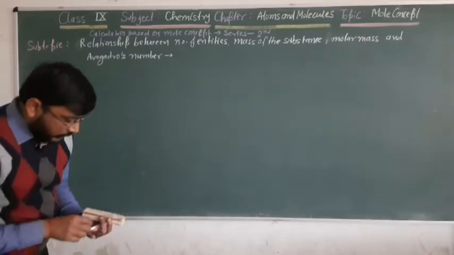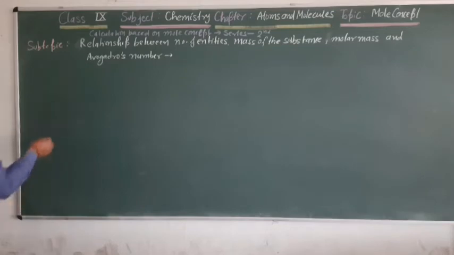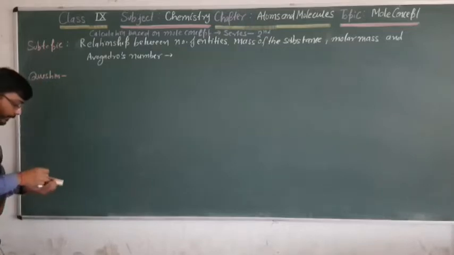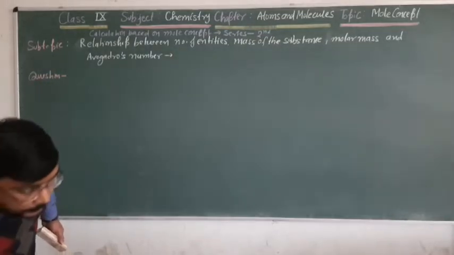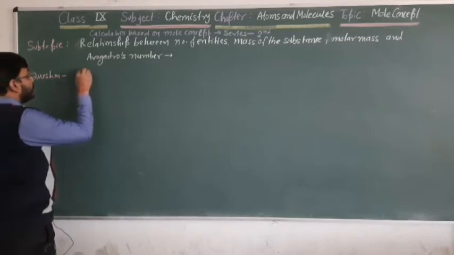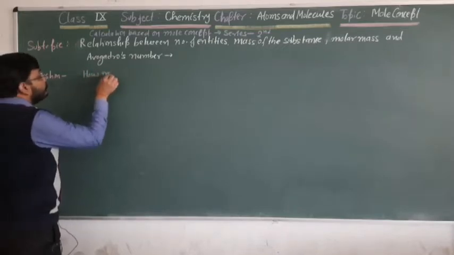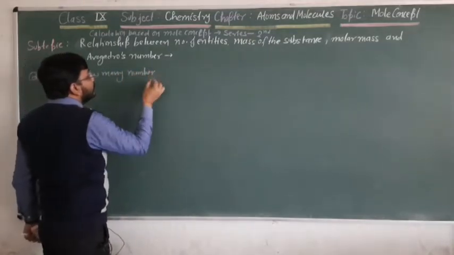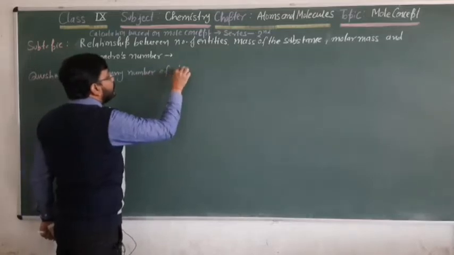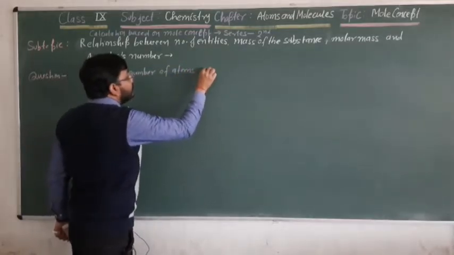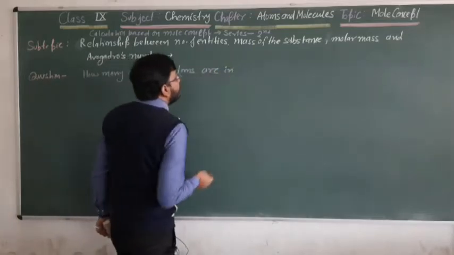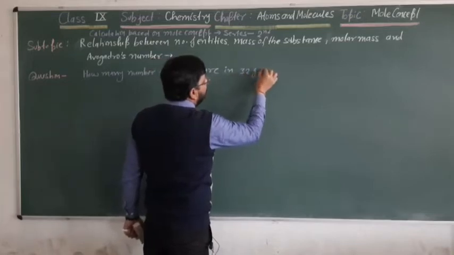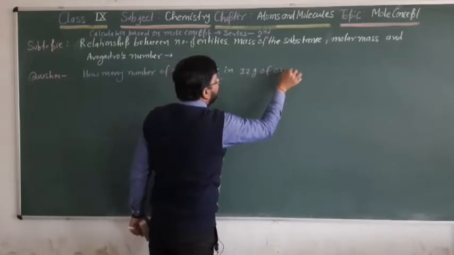Now see, we have one question. Calculate the number of particles, or how many atoms are in 32 grams of oxygen.